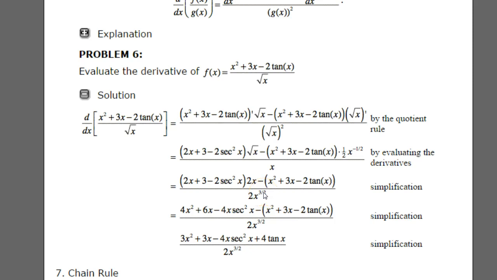That's what we want because it makes our job a lot easier. Now there's a lot easier stuff to simplify. Here I would distribute the 2x to these three parts and get 4x squared plus 6x minus 4x times secant squared of x. Then I just subtract the second part. If you notice, there are these first two, so 4x squared minus x squared becomes 3x squared.